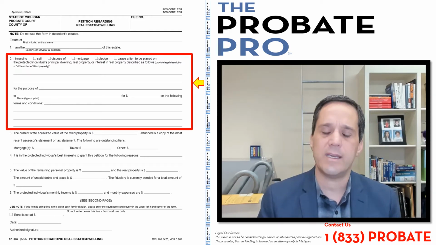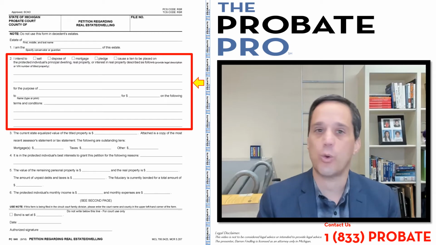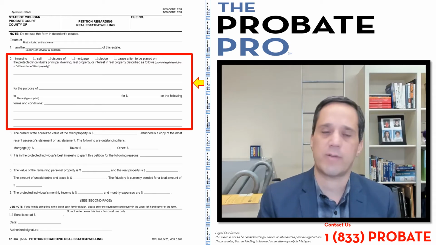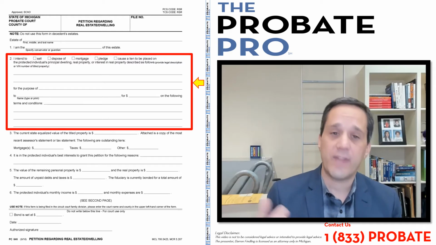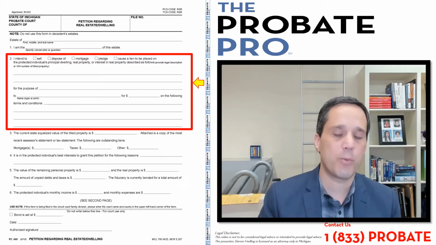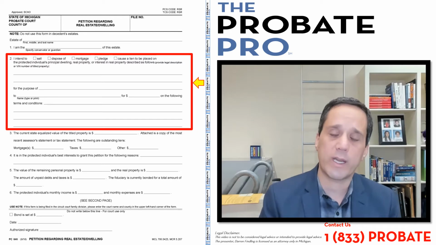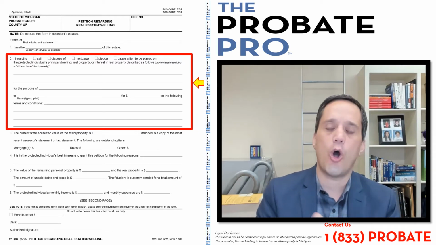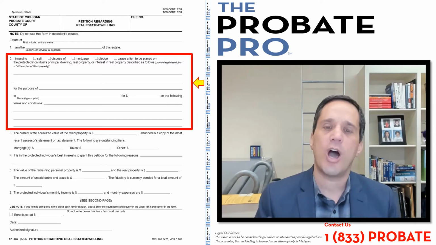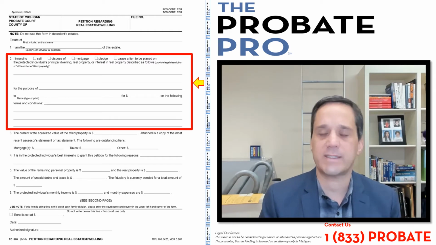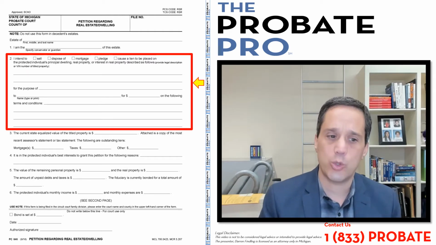So we tend to ask, and usually the courts want additional information. For example, if it's a real estate transaction and there's a purchase agreement, then attach the purchase agreement. If it's a mortgage, attach the proposed mortgage, and attach all the relevant information to give the court a full understanding of the transaction that you're asking the court to approve.